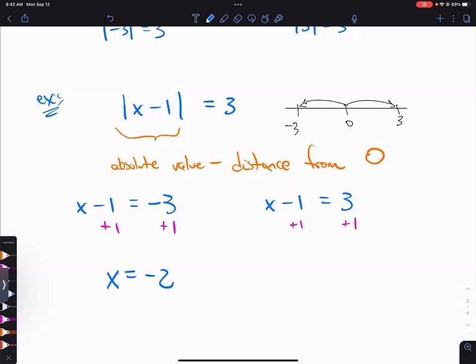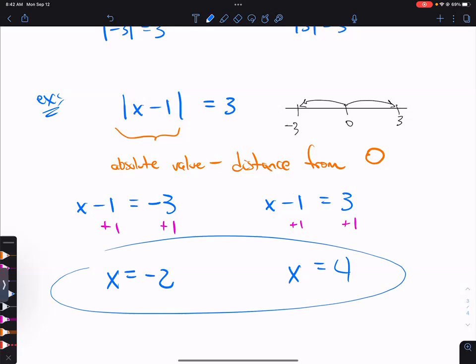So x equals negative 2 or x equals 4. Those are the 2 and only 2 places that the absolute value of x minus 1 is equal to 3.